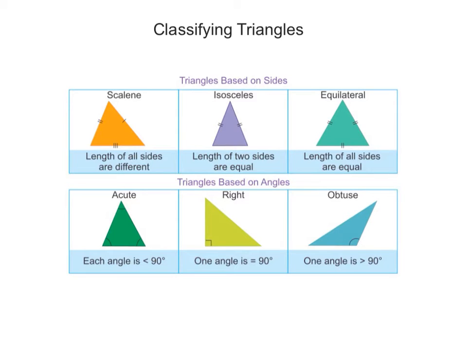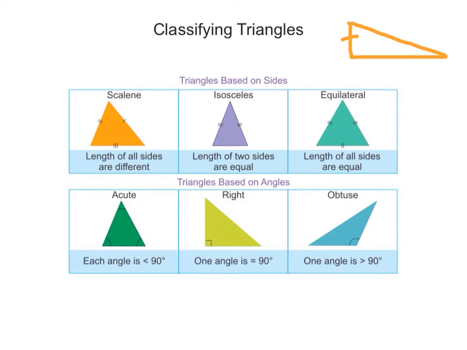If they ask you for a scalene right triangle, that would mean that you would need to draw a triangle with all different sides, with one angle measure being 90. And for example, you could draw a triangle that looks like this. It would be scalene, so all sides would be different.